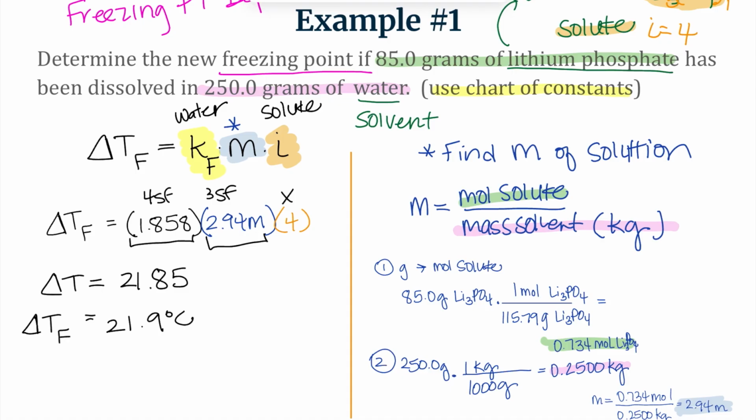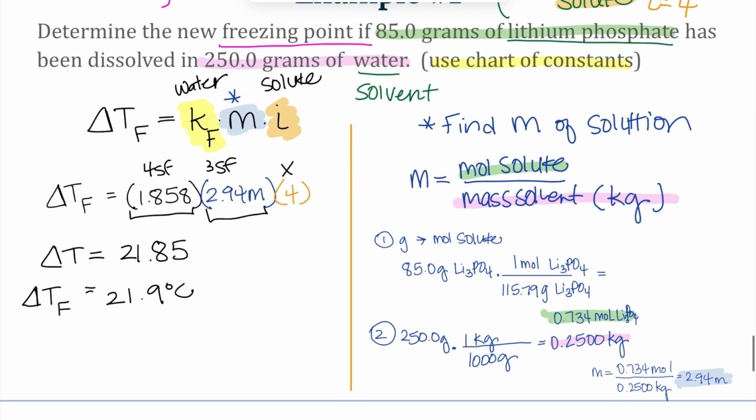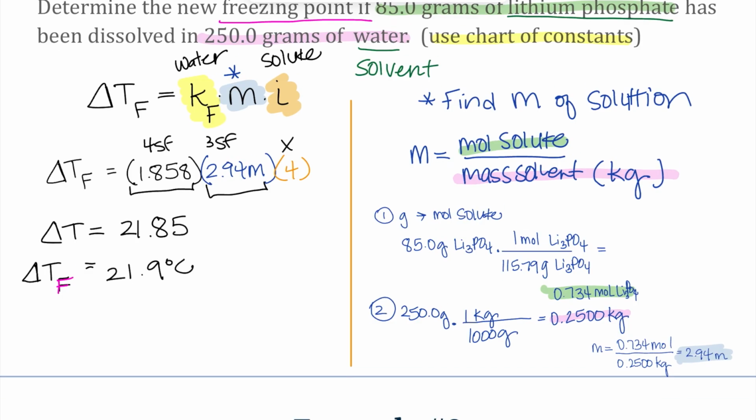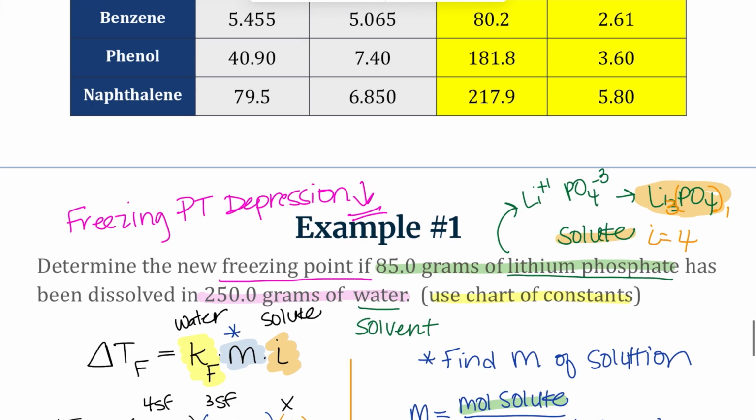And so because this is a freezing point example, that means the freezing point is always going to go down. And so we need to take this change and subtract it from our normal freezing point for water. Going back up, water is here. The normal freezing point of water is 0 degrees Celsius.